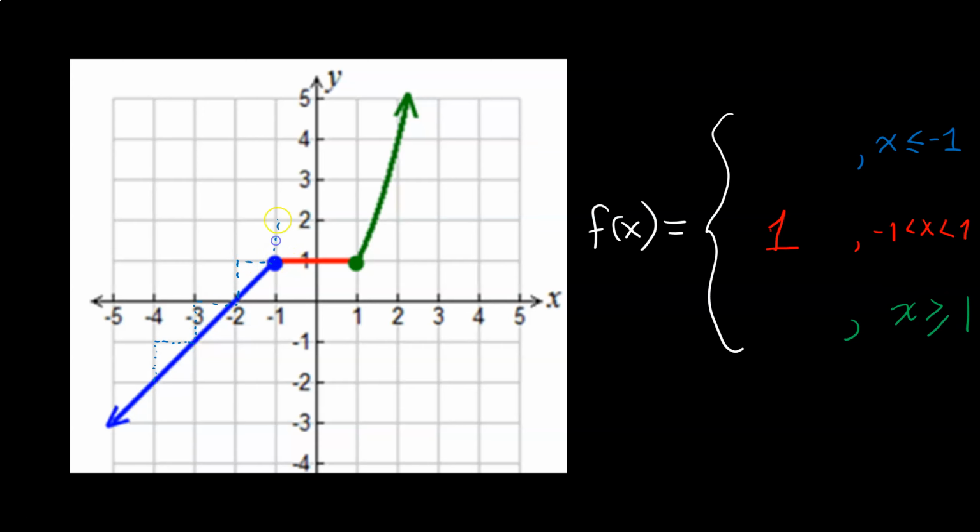So if you continue this, the y-intercept for the blue line would have been at 2, and the slope would be 1. So then that equation is y equals 1x plus 2, or we would say, f of x is equal to x plus 2 for the blue piece, right?